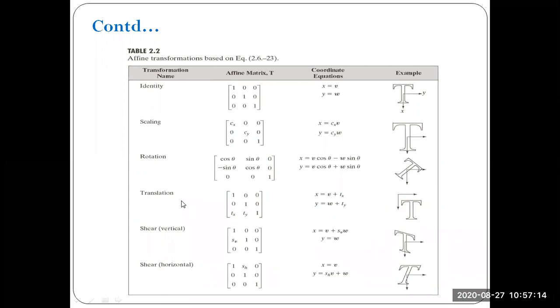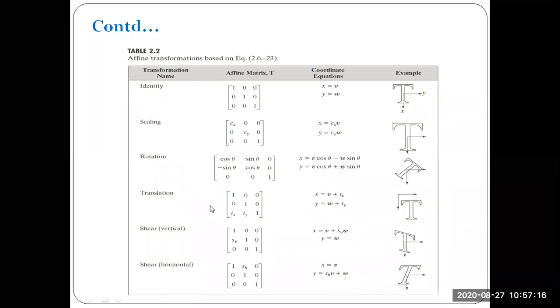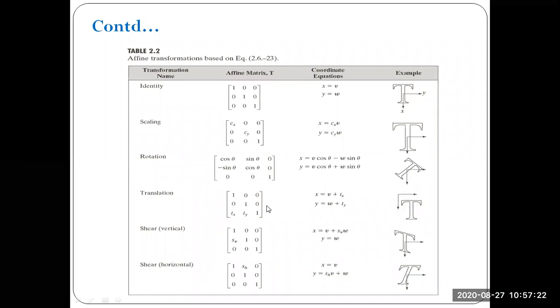Next, translation. In translation, I'm using a different affine matrix called the T matrix: 1 0 0, 0 1 0, T suffix x, T suffix y, and 1. The last two matrix elements will be changed to T suffix x, T suffix y. So x equals v plus tx and y equals w plus ty.